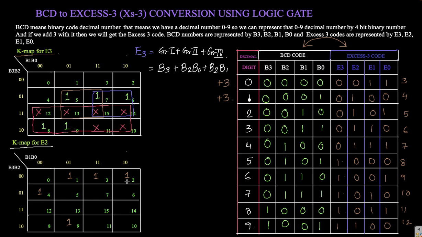So again we are taking the don't care condition. Take the don't care condition over here, then we can make a group of 2, and again a don't care condition over here, we can get the group of 4, and also we can take the don't care condition over here.